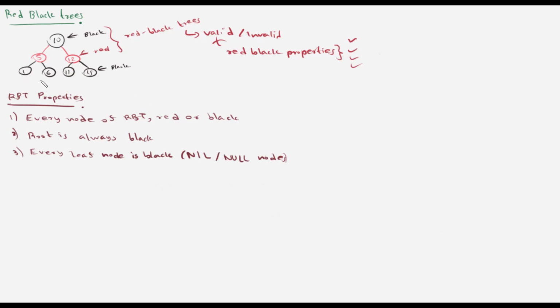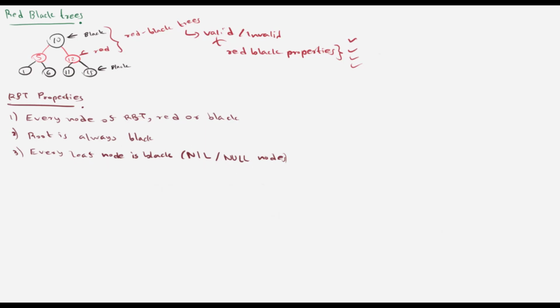Don't get confused and take leaf nodes as 1, 6, 11 or 15. I will explain what nil and null nodes are. In this case, the leaf node is known as nil or null nodes. So these nil nodes or null nodes are always black. Don't get confused, these are the leaf labels. This is the leaf node, but these are not the nil nodes. So if you get confused by this word, always use nil or null.